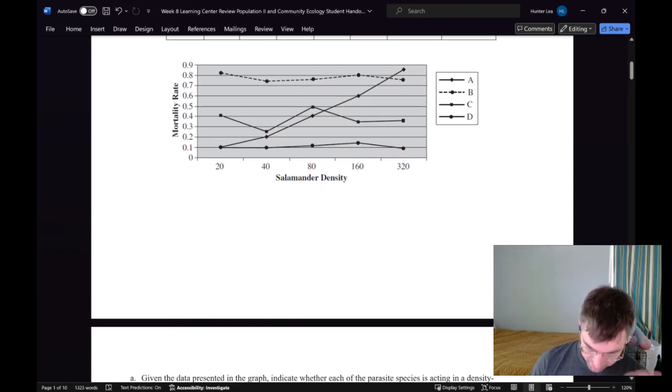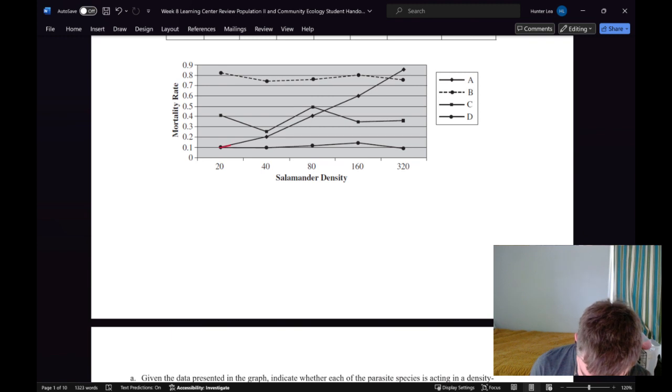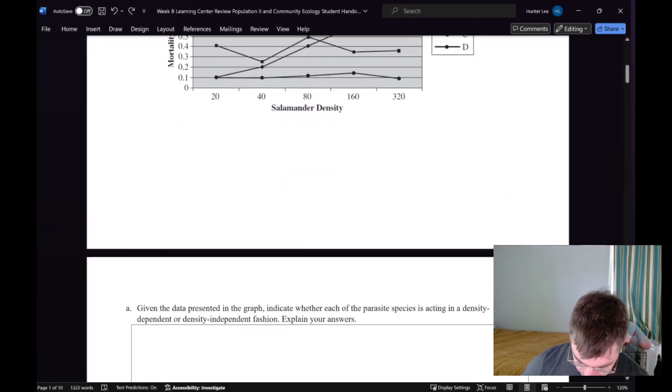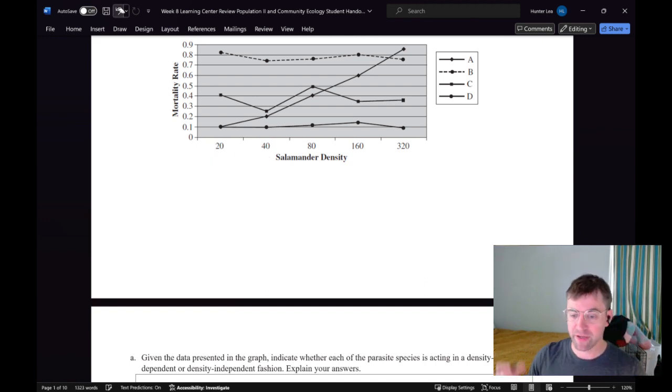Let's start with A. We have a solid line with diamonds, it looks like, and that appears to be this line right here, which is trending upward. Because mortality is increasing as the population density increases, and this is just 20, 40, whatever individuals per unit area, the actual size doesn't matter for our purposes.